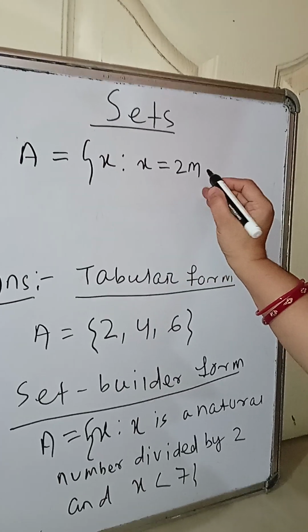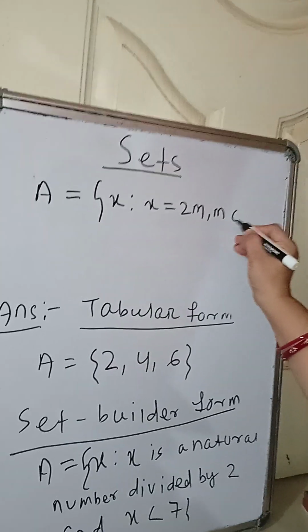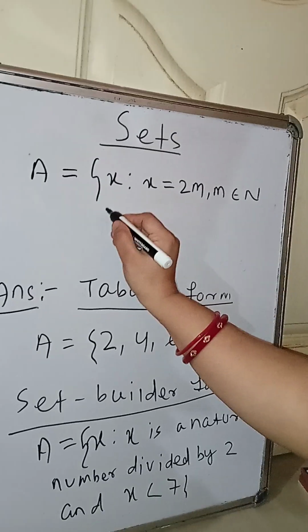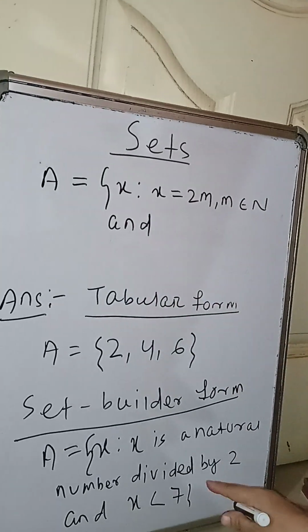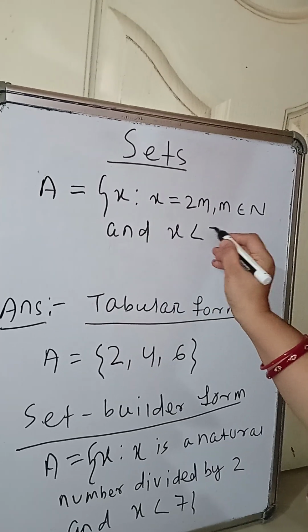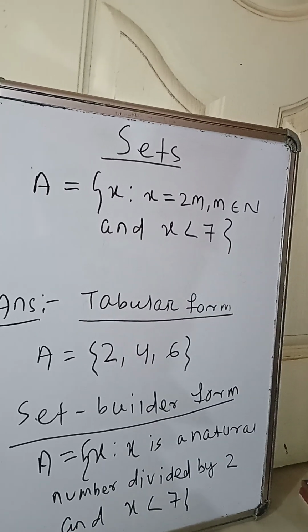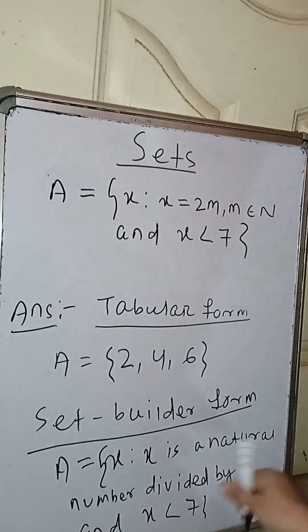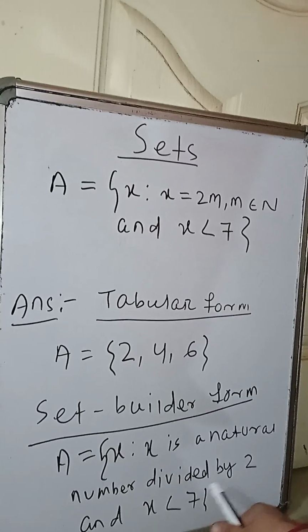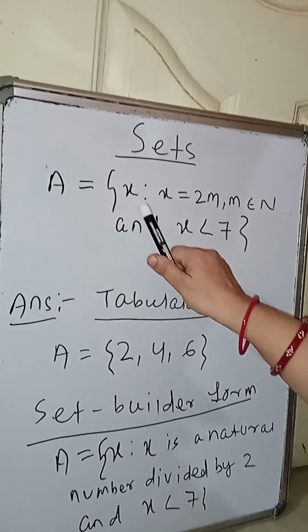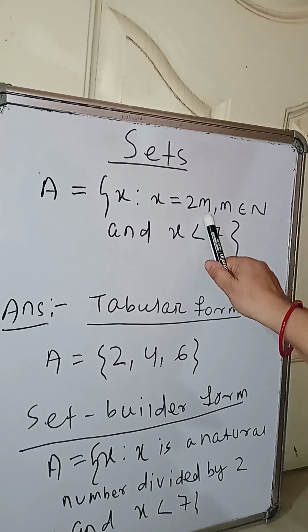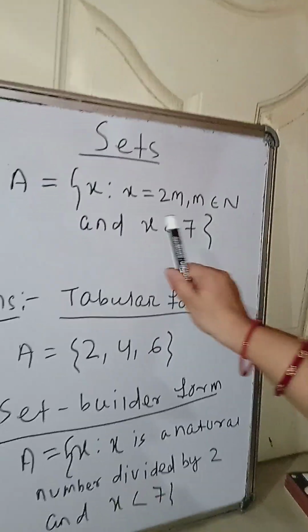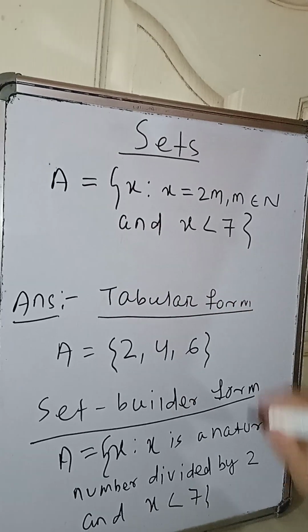So what is m here? m is a natural number, which means m belongs to the set of natural numbers N. And another property here: x should be less than 7. In this way also we can write the set. What is m? m is a natural number, m belongs to the set of natural numbers, and this x should be less than 7.